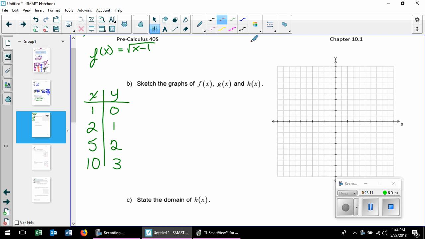Okay, so this is what you guys start thinking without a calculator. So if I put 3 in here, what would my answer be? Square root of 2. How many of you know what the square root of 2 is in your head?